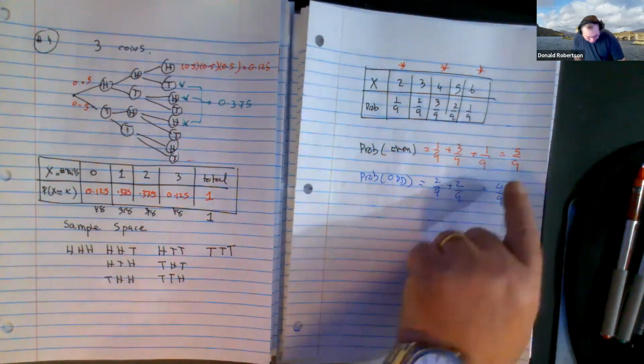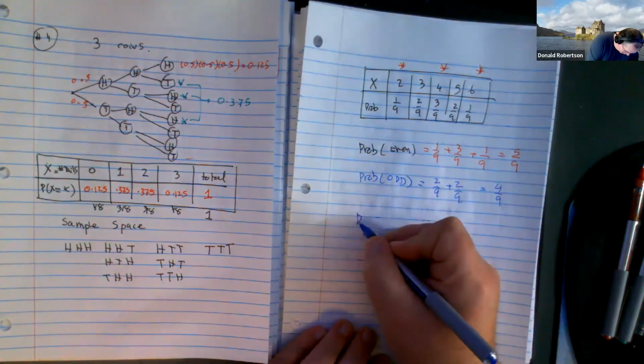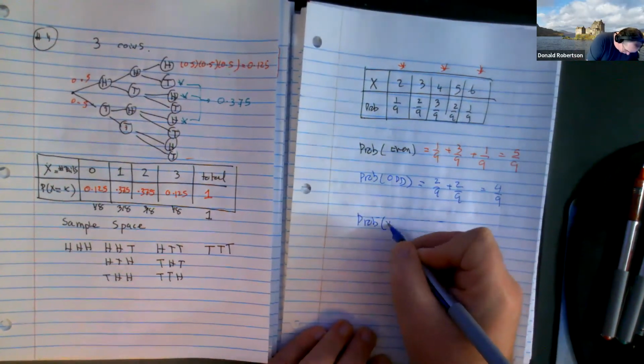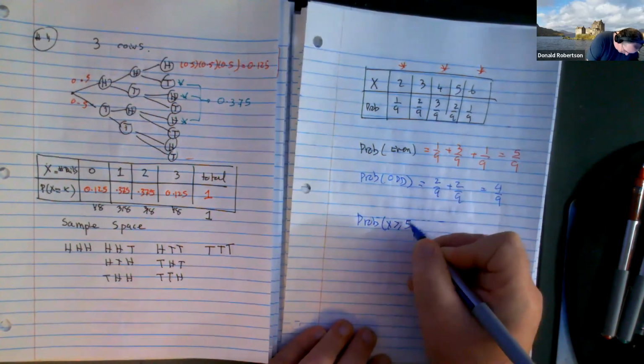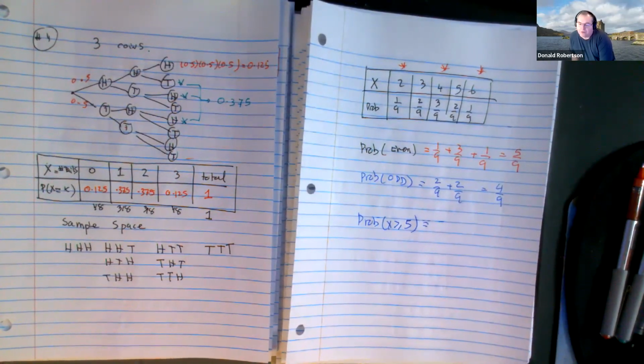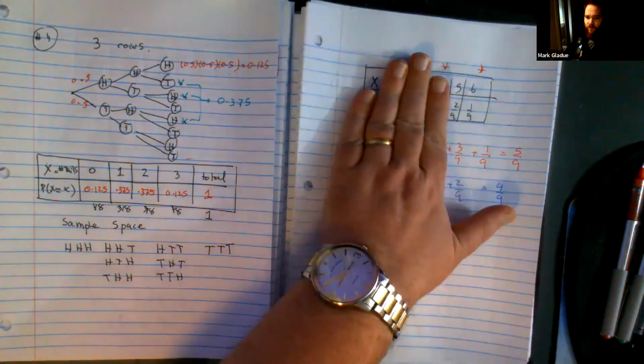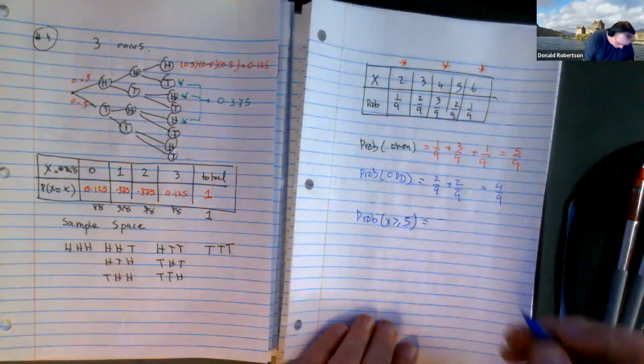Or couldn't I just say it's the complement of that, and that's 4/9? Could you be asked to find the probability that x is greater than or equal to 5? Now, if you were asked that, who would you be adding this time? 2/9 and 1/9. Okay, or 5 and 6. Yeah, 5 and 6, you're right.